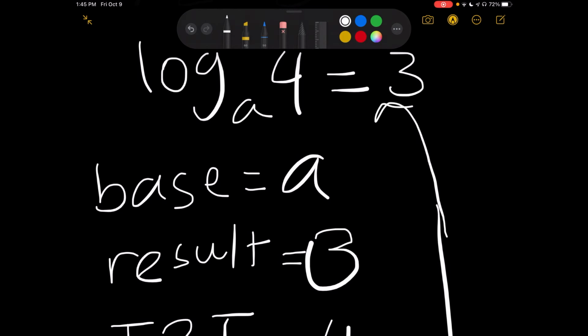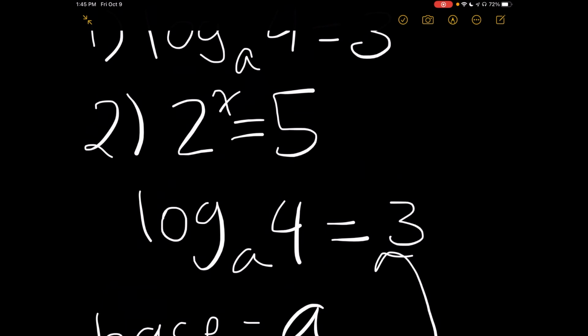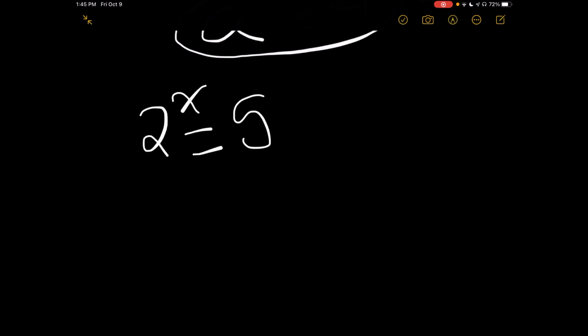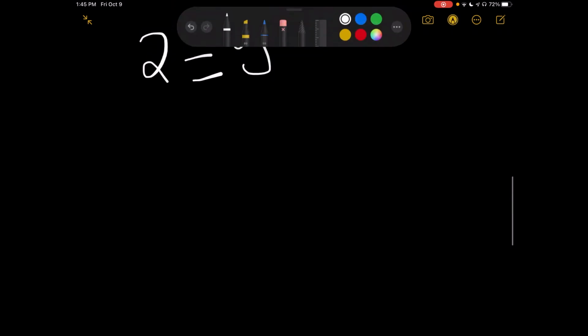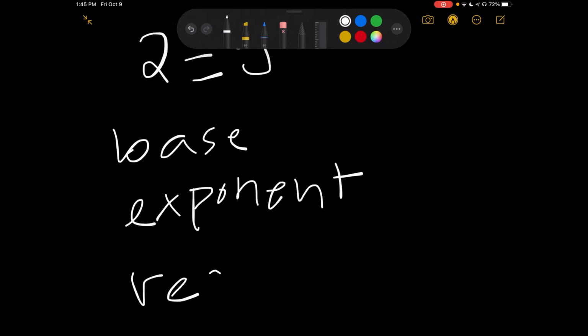So let's go ahead and do another example, which I've written right here. Let's convert 2 to the x equals 5 into logarithmic form. So let's go ahead and write base, exponent, and result.